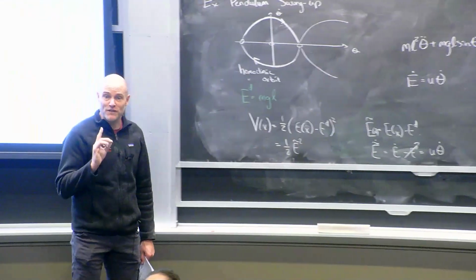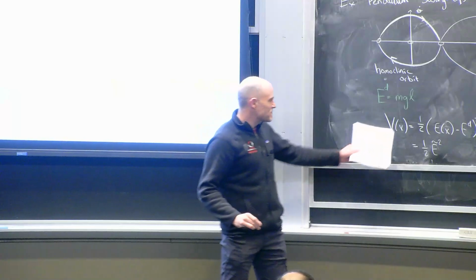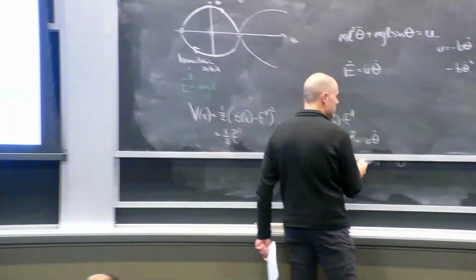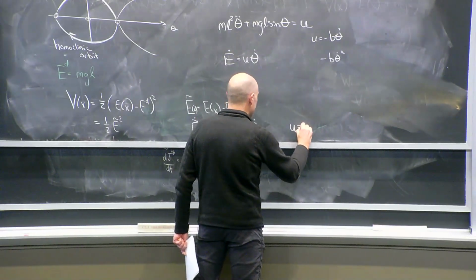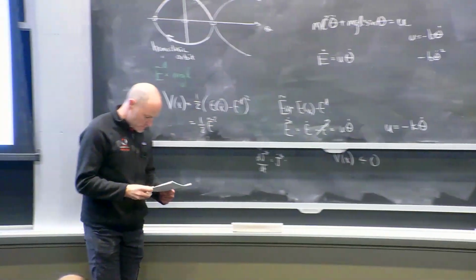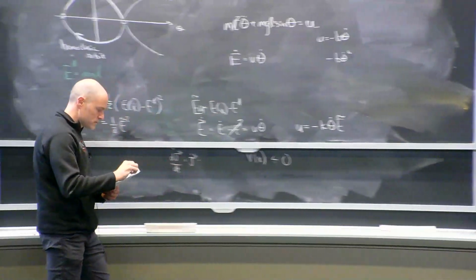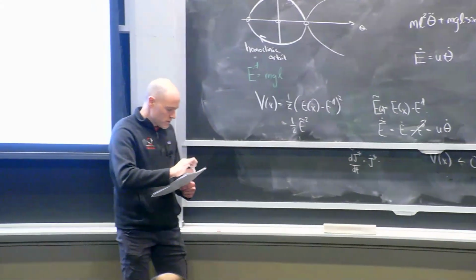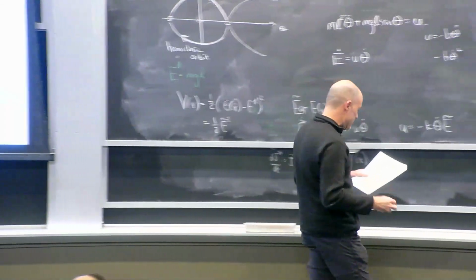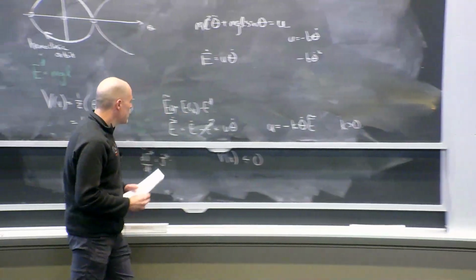So here's my proposal for a controller that doesn't use too much torque. We'll take a torque limited case, but which makes my Lyapunov function go down. Super simple. I'll just say u equals negative k theta dot E tilde, for some k greater than 0. Why?